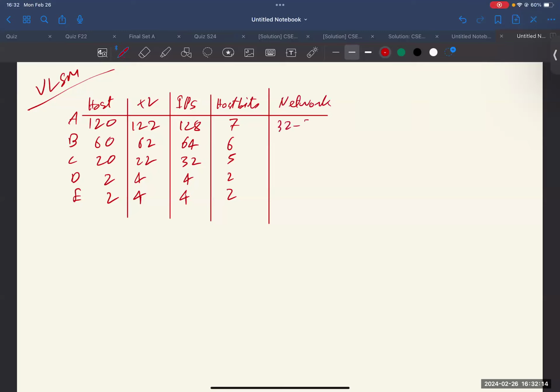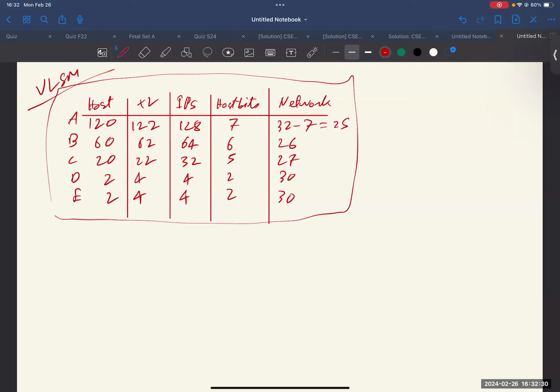So it's basically 32 minus 7 equals to what? 25. This is similarly 26. This is 27. This is 30. This is 30. Clear?